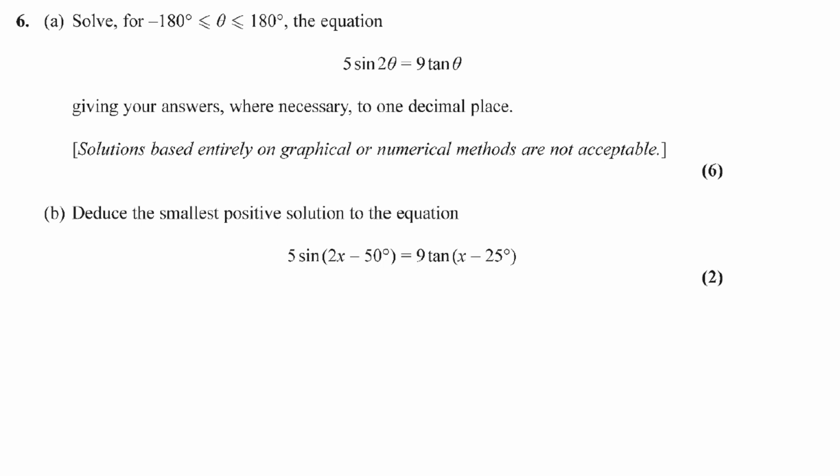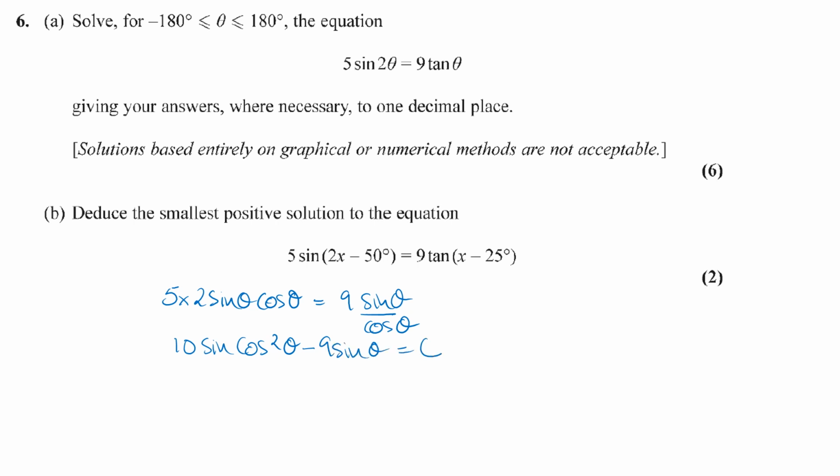So I'm going to do 5 times 2 sine theta cos theta for sine 2 theta is equal to 9 sine theta over cos theta, replacing the tan. I'm going to cross multiply, and that will be 10 sine theta cos squared theta, and then bring the 9 sine theta over, minus 9 sine theta is equal to 0.